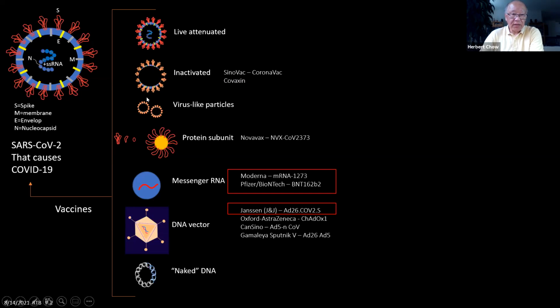If you don't want to inject any part of the virus, you can purify the proteins, in this case, the spike, and then you make a vaccine out of it, and the company Novavax is actually making such a vaccine. Messenger RNA, that's the subject matter we want to talk about today, put out by Moderna and Pfizer. Janssen and others are putting out DNA vectors, and then there are other vaccines called naked vaccines.